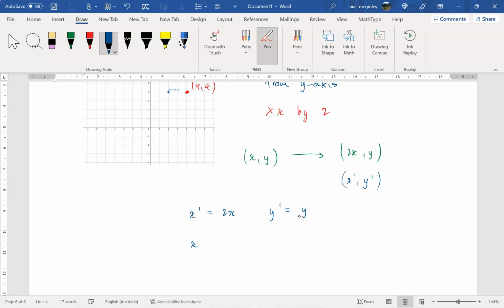We rearrange by dividing both sides by 2, so x is equal to x'/2, and y is just equal to y'.